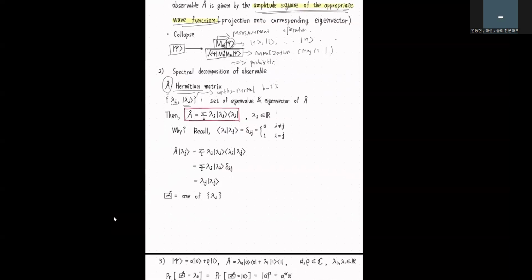And this is also called diagonalization. So here's a short proof of that, basically. And then basically what we're doing is when we measure something, we're actually measuring one of these eigenvalues. So, measurement outcome.